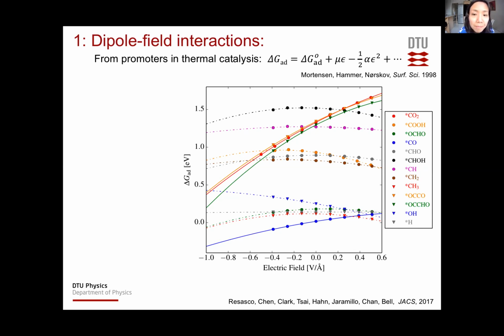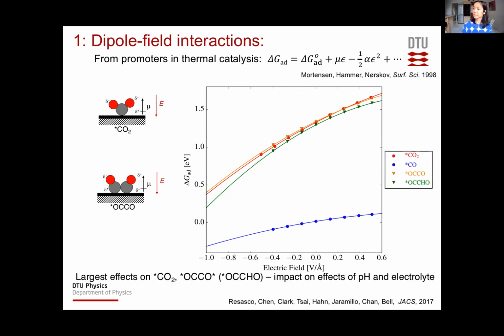And in particular, they are particularly strong for some decisive intermediates such as CO2 and OCCO, which have these vertical polarized CO bonds. And this has a significant impact on how the pH and electrolytes affect the electrocatalytic activity.